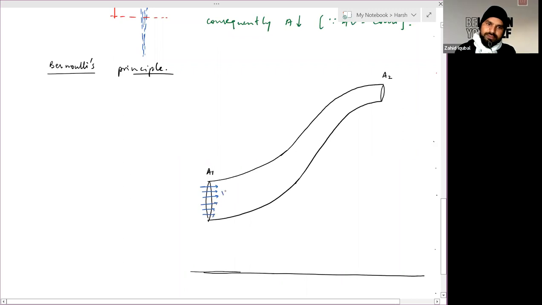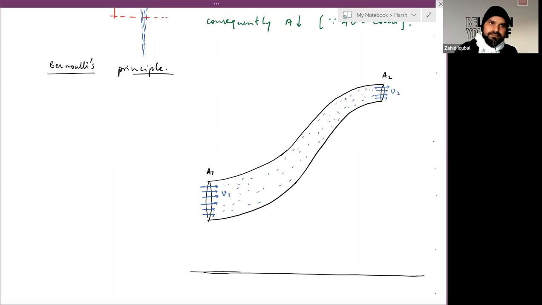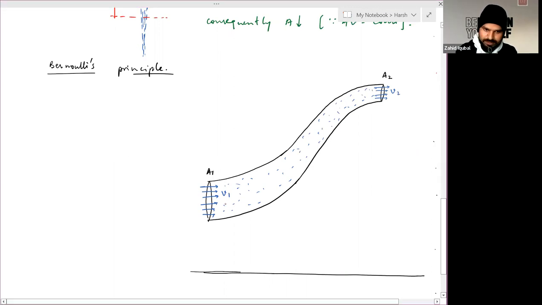At this instant, the velocity of liquid will be V1, and the velocity of liquid at this instant, V2. Now, this particular cross section is at height H1 from this reference point, and this one has height H2.